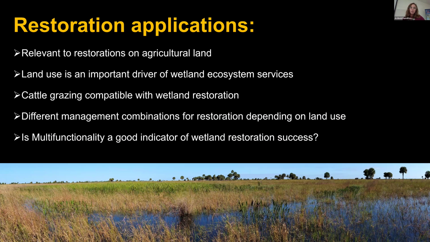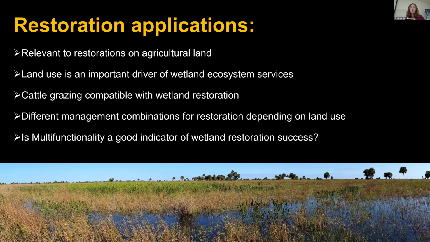So for restoration applications, these results are relevant to restorations on agricultural land. Overall, we see land use where the wetlands are embedded is an important driver of wetland ecosystem services that will last for a very long time as we restore these wetlands. Some of our results indicate that cattle grazing is compatible with wetland restoration.